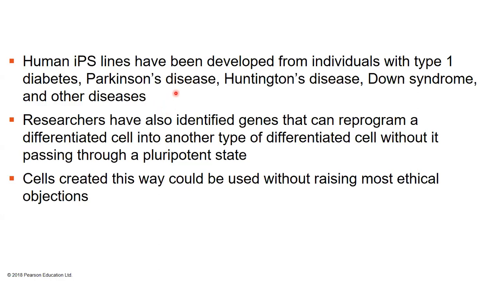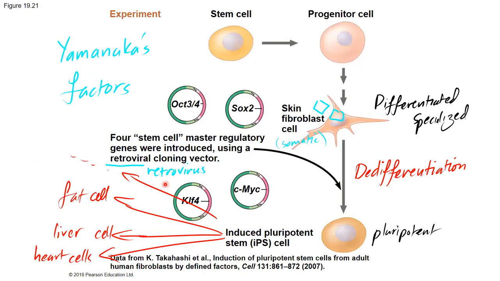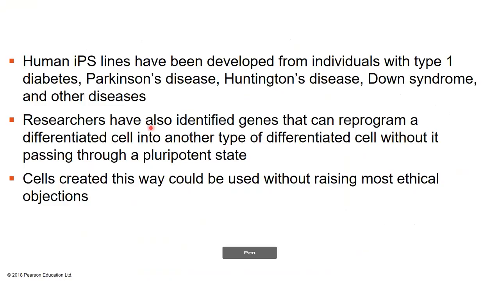And currently, scientists have found several ways of allowing these induced pluripotent cells to differentiate into different types of specialized cells. Okay. Also, these induced pluripotent cells are being used in a type of medicine called regenerative medicine.